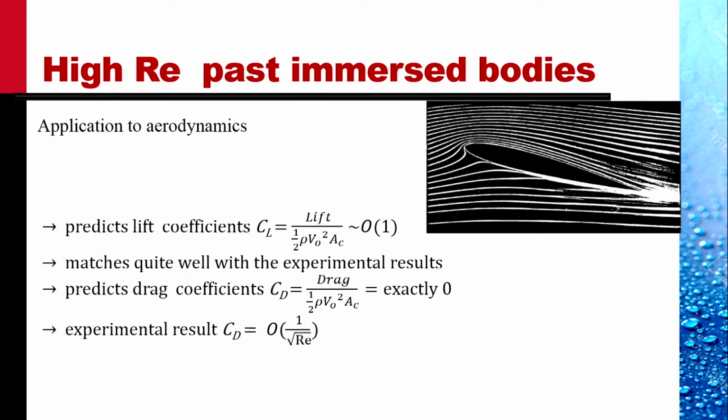We have neglected the viscous force terms of the order of 1 over Reynolds number. If that predicts 0 drag, but the actual drag is of order 1 over under root Reynolds number, there doesn't appear to be anything serious. This appears to be well within the expectations from approximations, and this is quite acceptable.